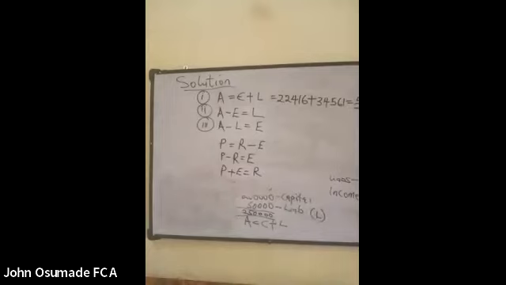Have you noticed that if you move E to the left hand side, since E is a minus, it becomes a plus? So that is why we have P plus E equals R.